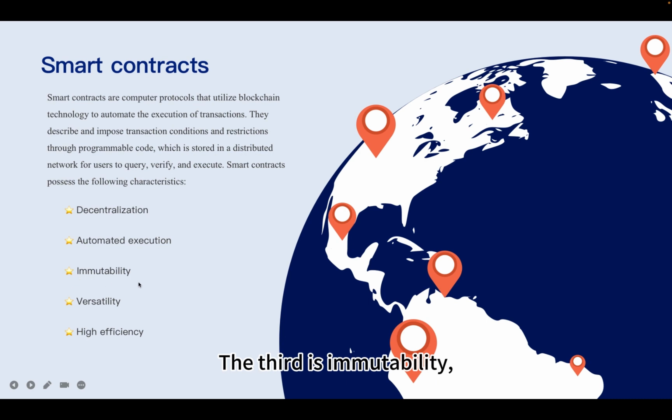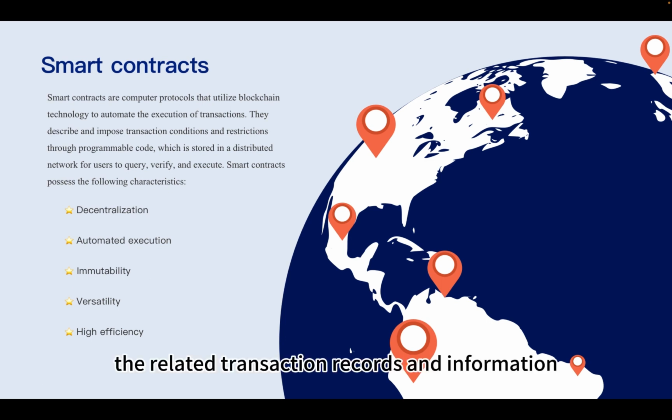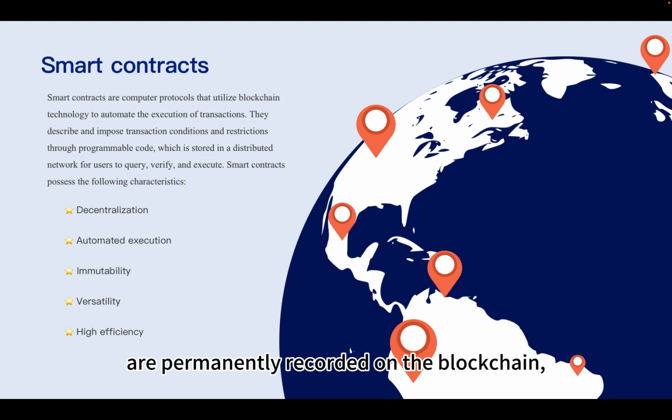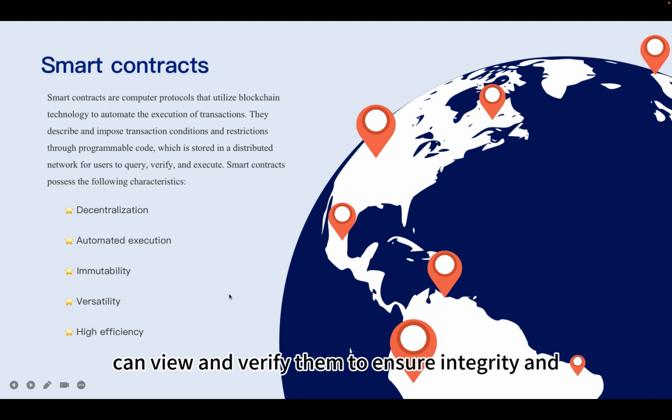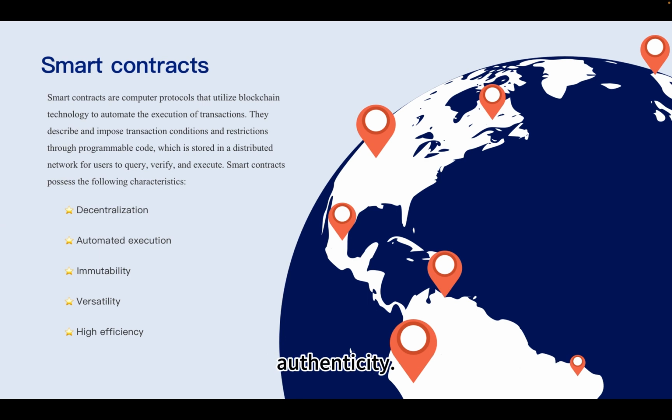The third is immutability. Once a smart contract is executed, the related transaction records and information are permanently recorded on the blockchain, and all nodes can view and verify them to ensure integrity and authenticity. The fourth is versatility.